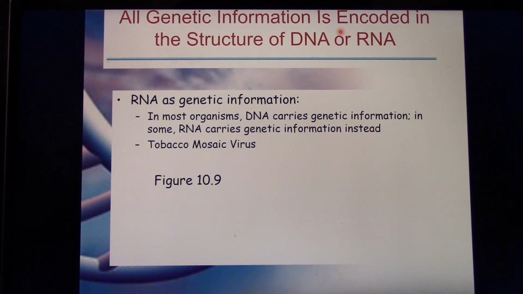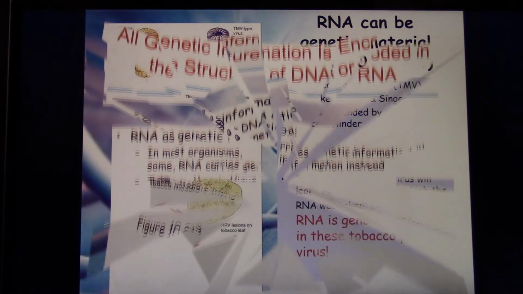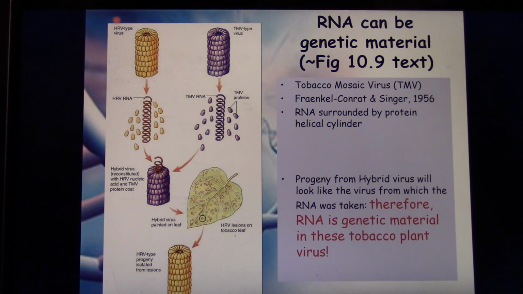All genetic information is encoded in the structure of either DNA or RNA. And here we're going to look at tobacco mosaic virus to show that RNA can also carry genetic information. And notice we're looking at a virus. So the viruses in this diagram are color-coded. There are two different types.